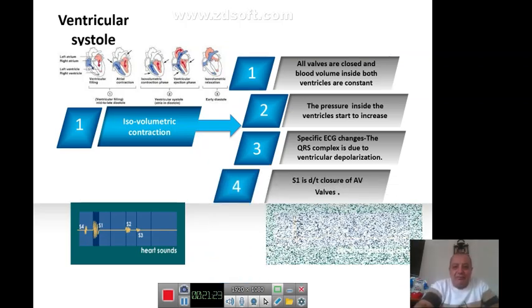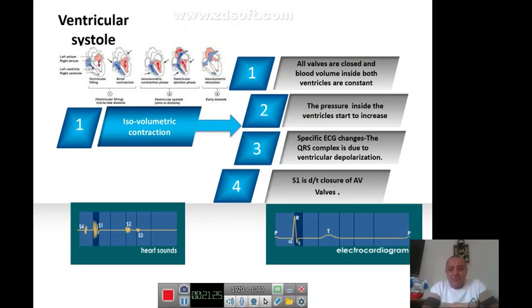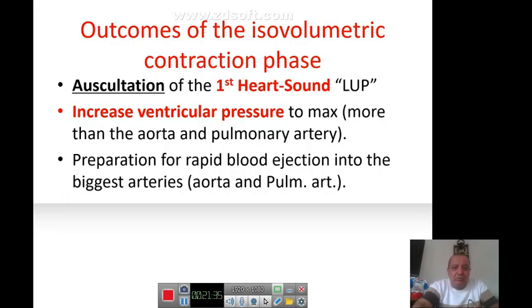Okay, and finally, as we mentioned before, we have the first heart sound because of the closure. And the outcomes of the isovolumetric contraction phase is number one.